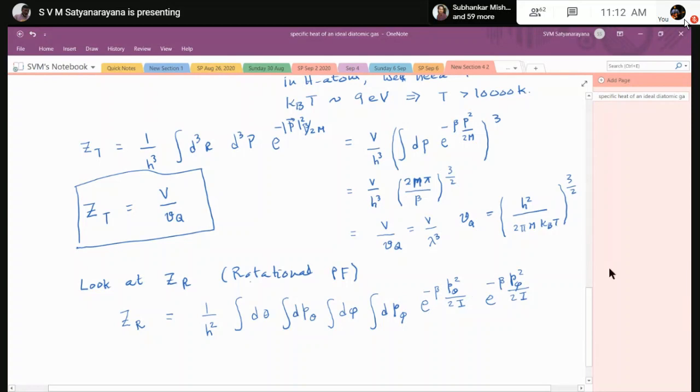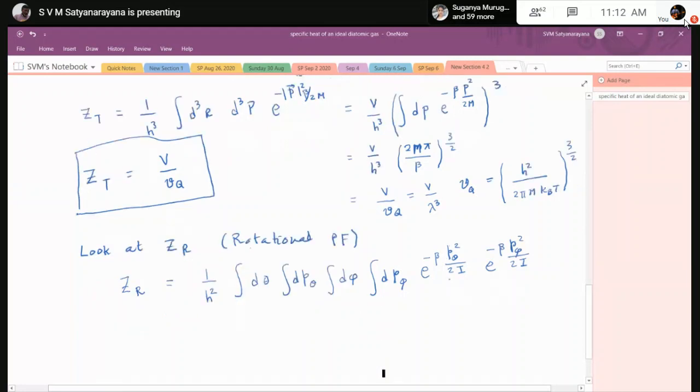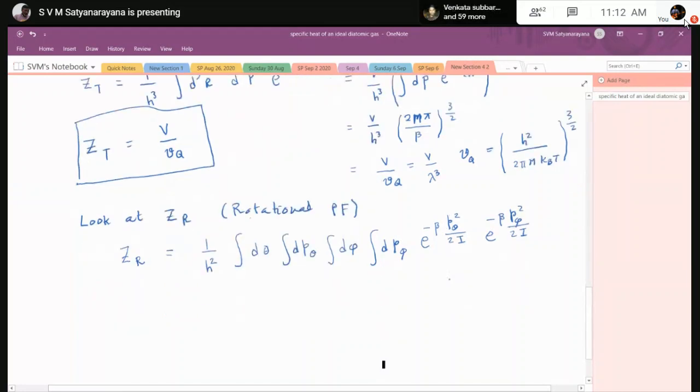So this is the kind of integral that I have. Now this angular part of the integral is going to give you some constant about theta and phi, because you see this integrand does not involve theta and the integral does not involve phi.